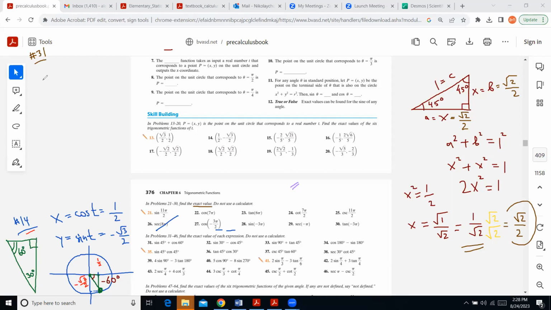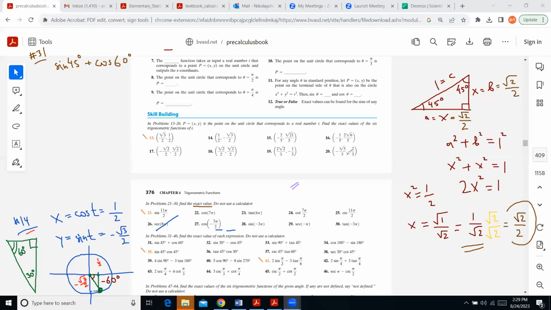So I need to look at sine of 45 degrees, and also add it to cosine of 60 degrees. What I'm going to do is recall what happened in the previous exercises.